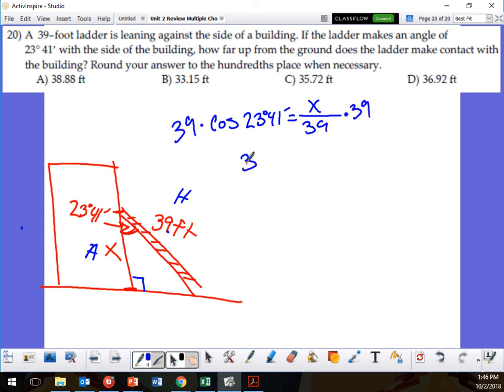So I'm going to get 39 times cosine of 23 degrees, 41 minutes is equal to my x value. That gives 35.7... no, 17.1. Okay, so what's my answer? 17.1.